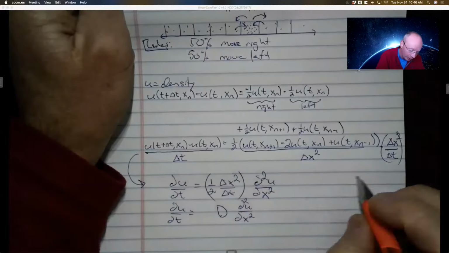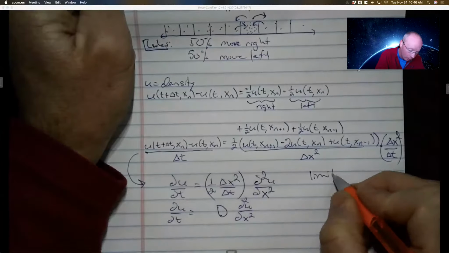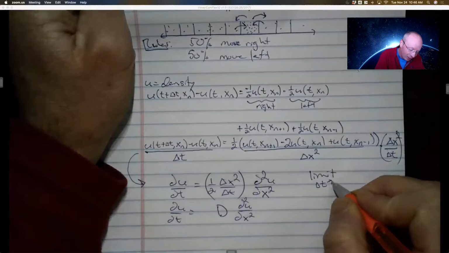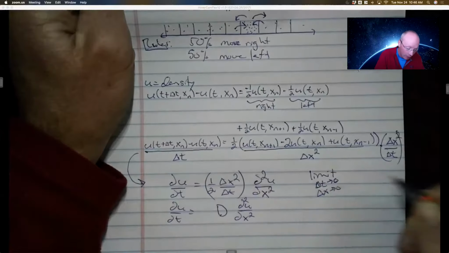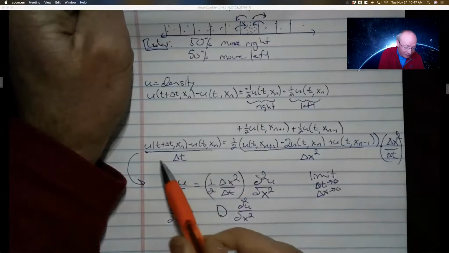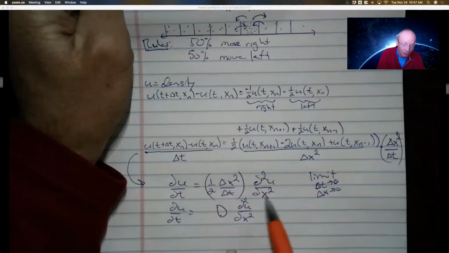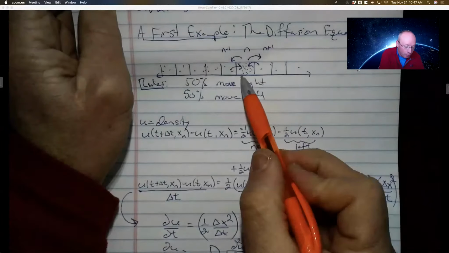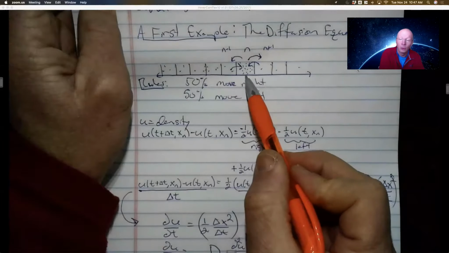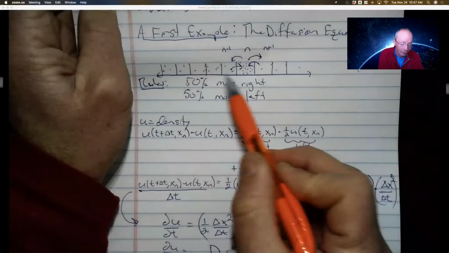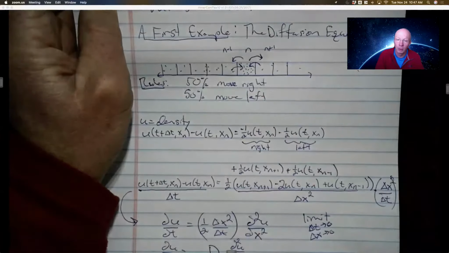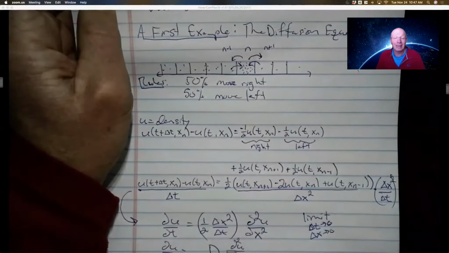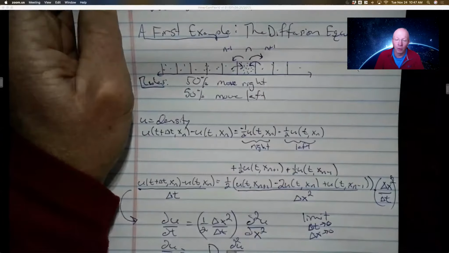What I'm really thinking here is I want a limit as delta t heads to 0 and a limit as delta x heads to 0. In those limits, these differences become these derivatives. So in those limits, that means I'm moving these little partitions closer and closer and thinking of this as a continuum, not as discrete intervals, and my time intervals are getting smaller and smaller and smaller. That's basically the game in partial differential equations.